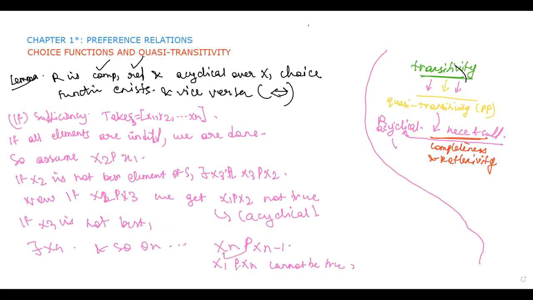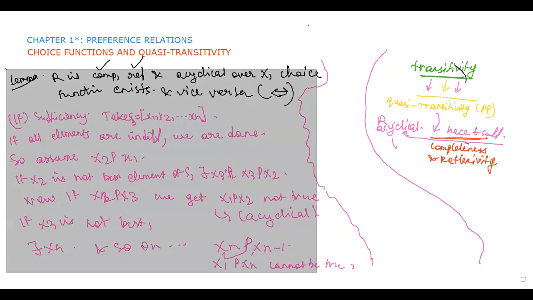And so x2 becomes the best element of the whole subset. You can verify this proof. But again, the notion is very simple. If there's a finite set, eventually we're going to run out of keys which are better than the current one we have in our hands. That's the basic notion. I think this proof is a very simple one.